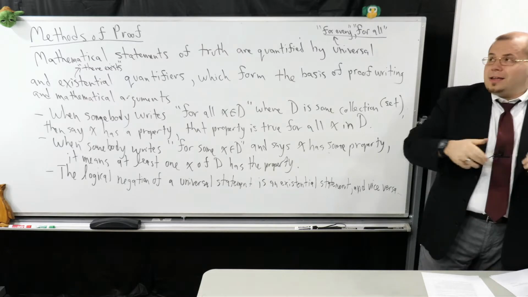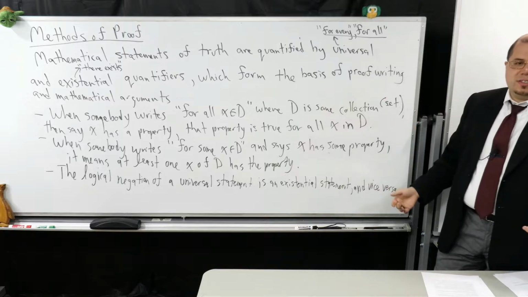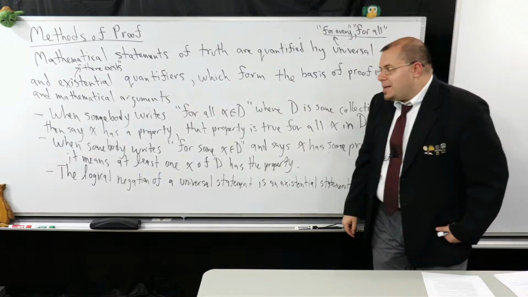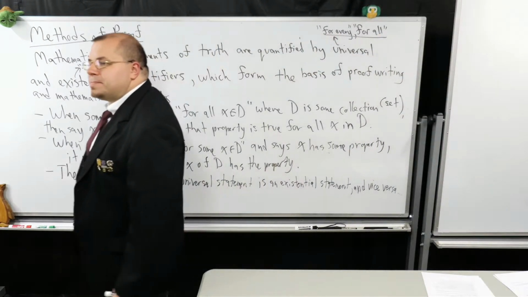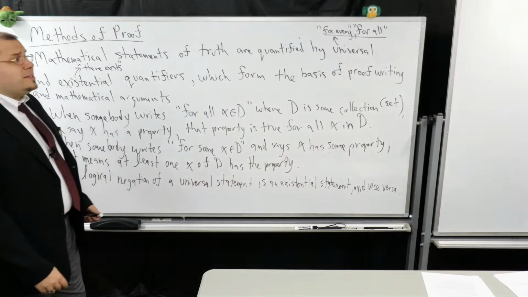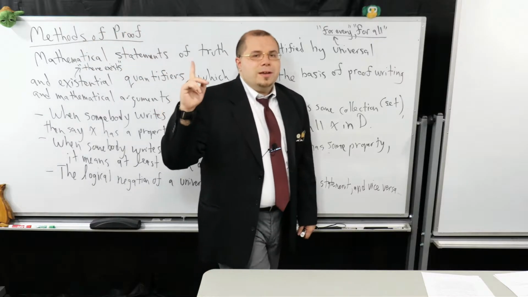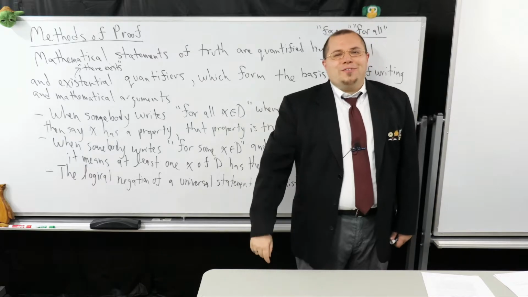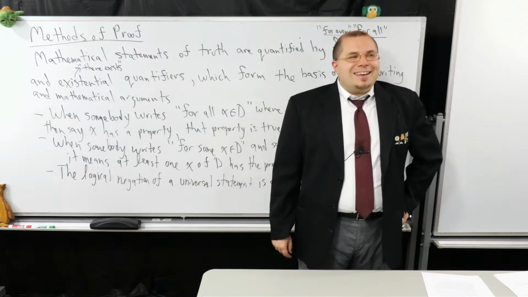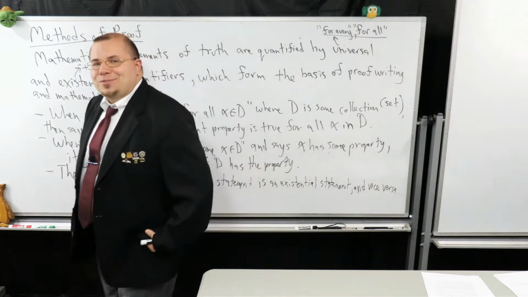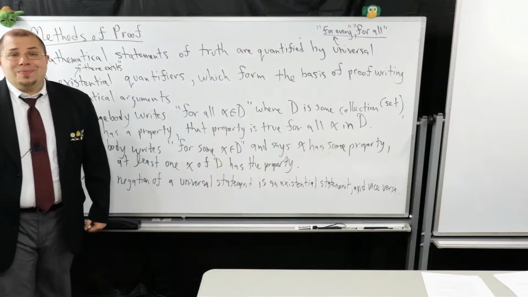Okay, so if I give you a universal statement, and I tell you it's false, how would you tell me that it's false? What would you do? At first sight, if I told you that every one of my friends is wearing a red shirt, you'd say, no, one of your friends isn't wearing a red shirt, right? That's naturally what you would say to somebody if they declared that all your friends were wearing a red shirt, just as an example.